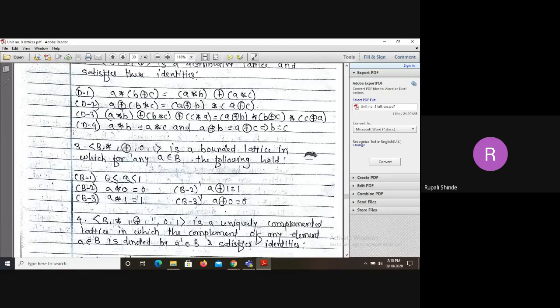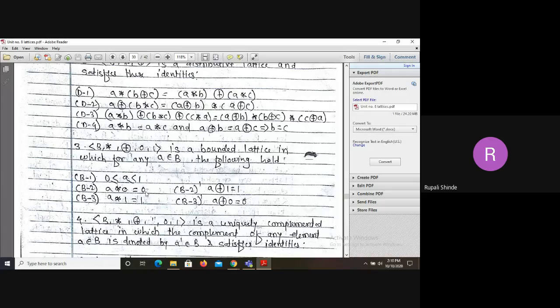So what is the value for A star 0? Just imagine that sequence and perform that operation. A star 0 is 0.